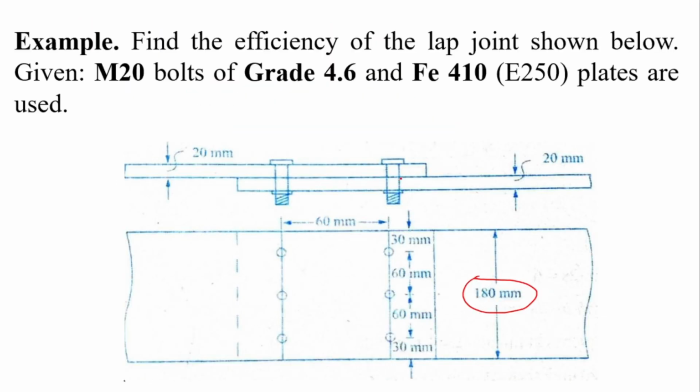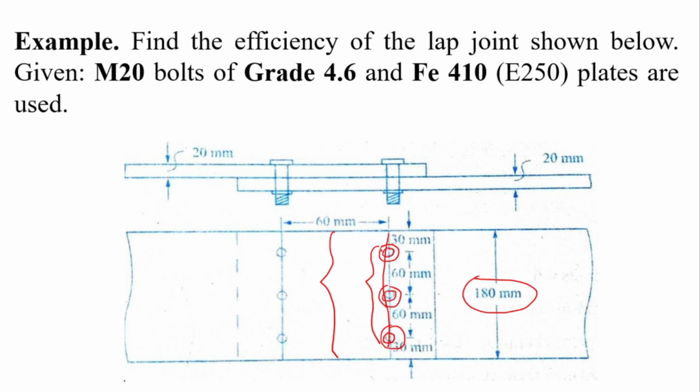What is the weakest section? Weakest section means the number of bolt holes in a single row. So these holes are called the weakest section, because if you consider the width of the plate at this level where the bolts are placed, the plate is weakened by the holes before putting the bolts.